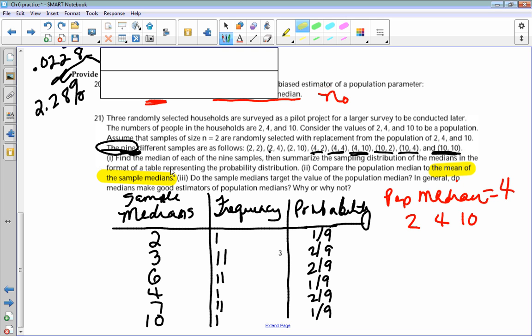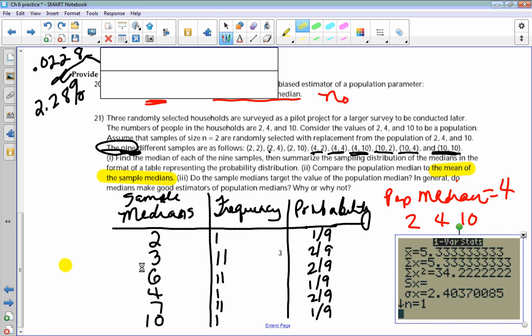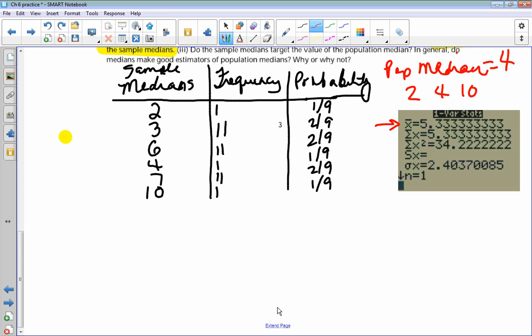Well, my lists are my medians, and we can just pull this up and say what I'm looking for then is my mean. My mean here is right here. Well, my mean of the sample medians is 5.3.